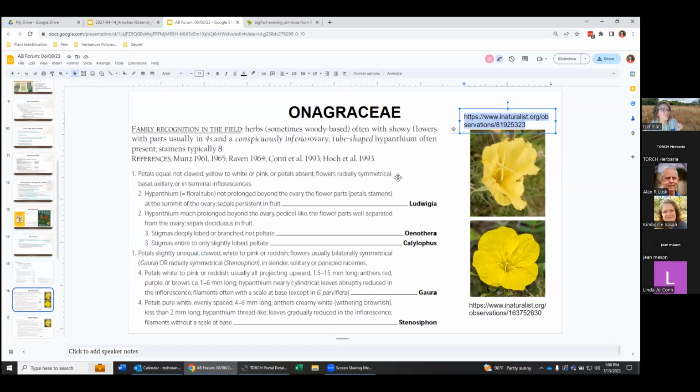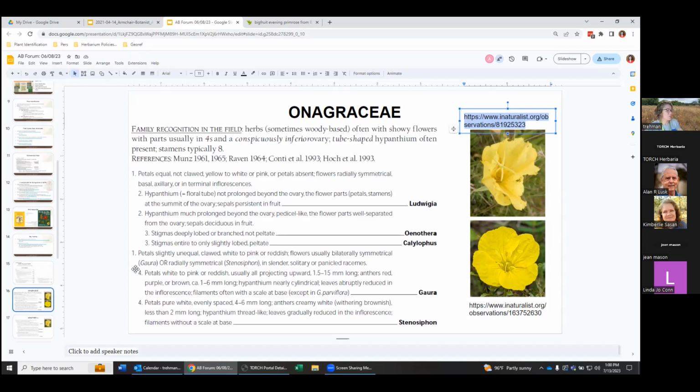The flowers are radially symmetrical. So you can look at the flower from a bird's eye view and make a cut in any direction and it will be symmetrical. The flowers are basal, so they're at the base of the plant. They're in the axils, so the armpits of the leaves, or they're at the top of the plant. So that kind of covers a lot of things. So that's our first couplet.